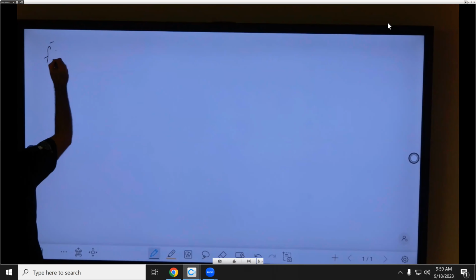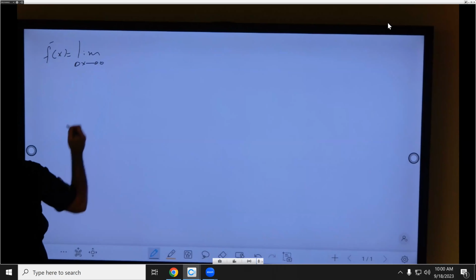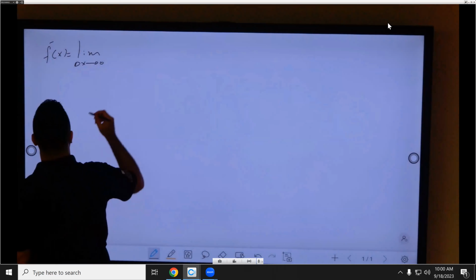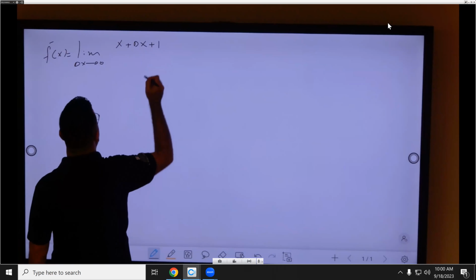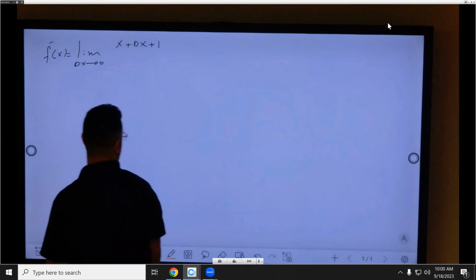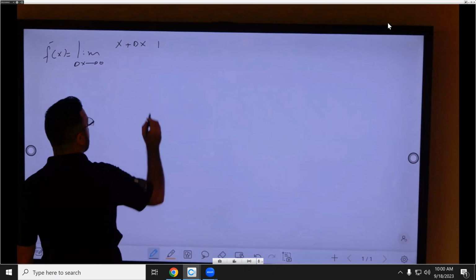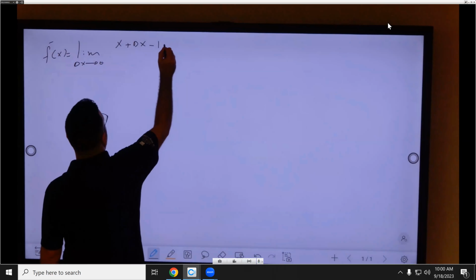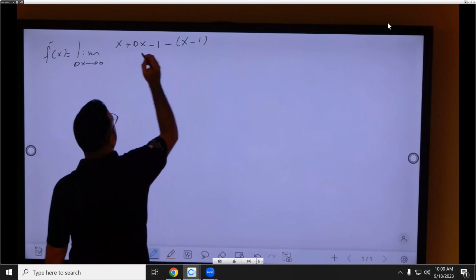So what's left? f prime of x is the limit as delta x approaches 0. What's left? x plus delta x plus 1, yes or no? And minus 1, and minus x minus 1.